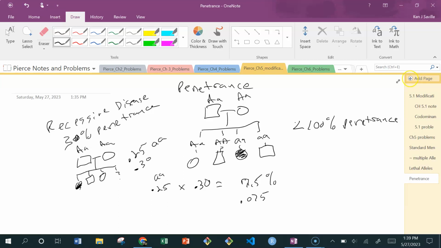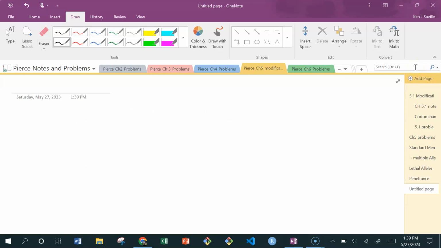The next concept was incomplete or variable expressivity. And that just means that the phenotype varies. So let's say you have two individuals that both have this disease, but the severity varies.